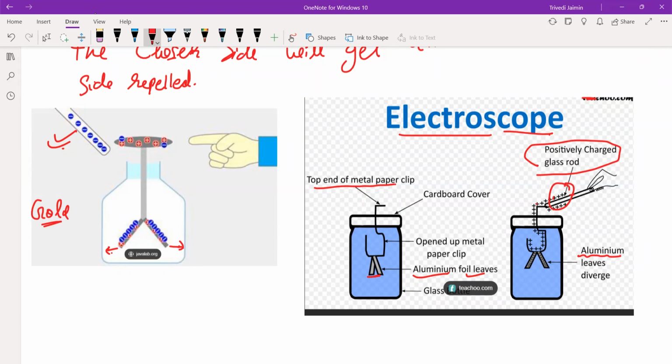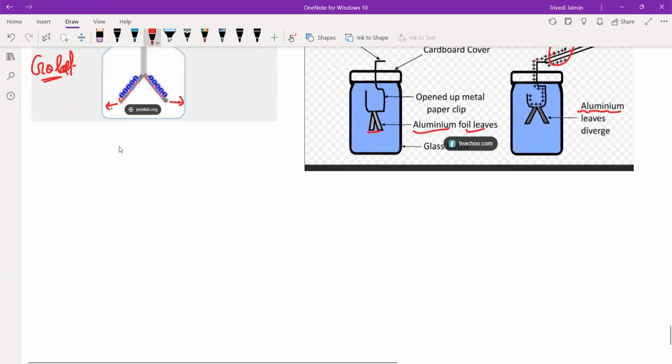Okay, sir. Sir, can I repeat again? Yeah. Okay, then let me show you some other way if you're not able to understand. A sphere I'm placing here, which is neutral. Let me check if there is a picture of this one, then I can paste it.